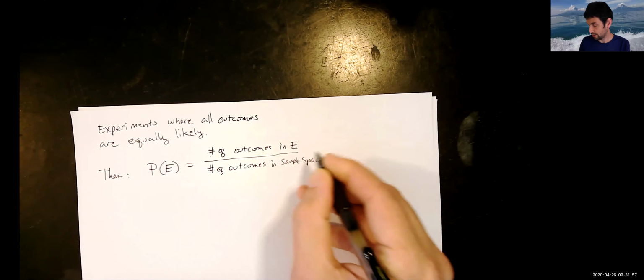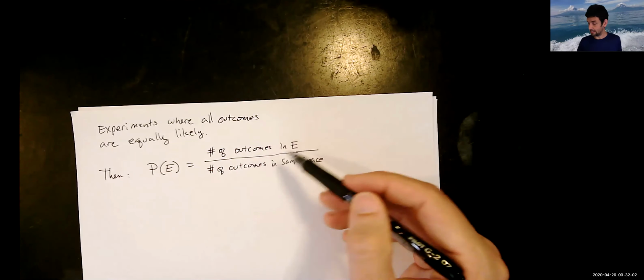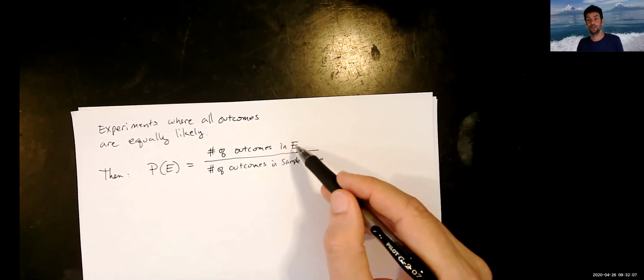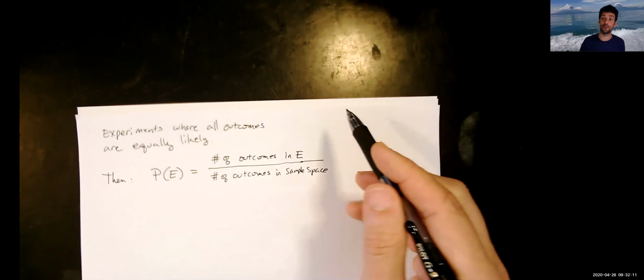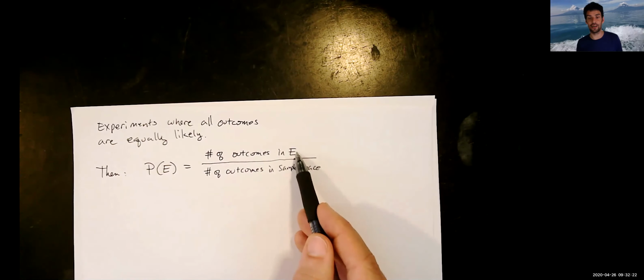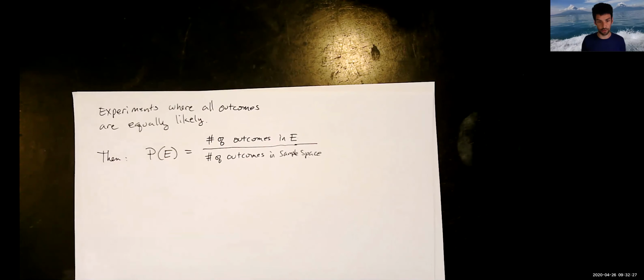Okay? You can see why this is starting to feel like relative frequency. How many times did the thing we're interested in happen divided by how many total things are there, right? Remember, relative frequency was you counted up, we were dividing into classes, and we would say how many data points are in this class divided by the total number of data. Well, now it's like our events are our classes, and the sample space is the total number of data points, right? It's a similar idea, okay?